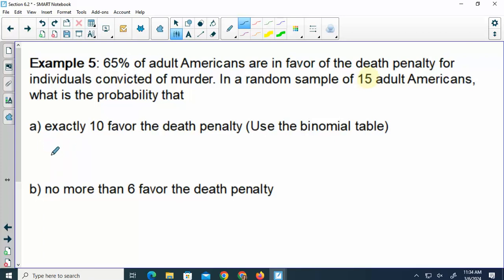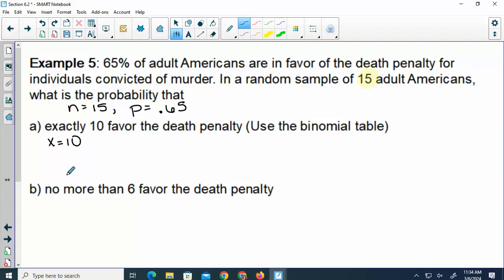So if we were doing this, my n, the number of people we have, is 15. My p, the probability of success in this case, is 0.65. So on part A, exactly 10, that means the x value is 10. So we could do it from the formula, but I said to use your table on this one.